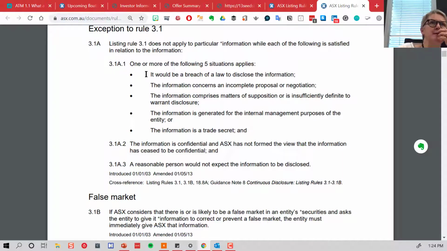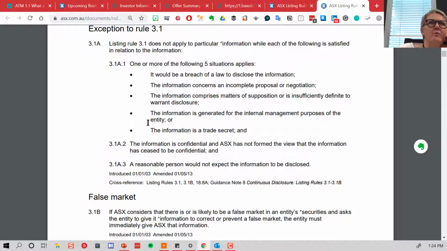The information concerns an incomplete proposal or negotiation. The information comprises matters of supposition or is insufficiently definite to warrant disclosure. In other words, it would add to the confusion in the market. The information is generated for internal management purposes of the entity, or the information is a trade secret.